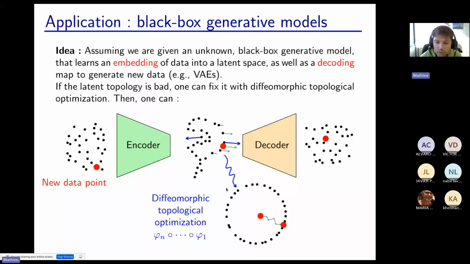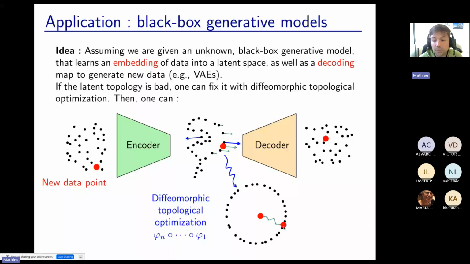So that's an issue. But if you use diffeomorphism, as I was explaining, now given that I have a gradient update that's defined everywhere on space, it will also be defined on my newly generated point. So now if I follow my sequence of diffeomorphisms, I will progressively push my new data point to where it should be on the circle.